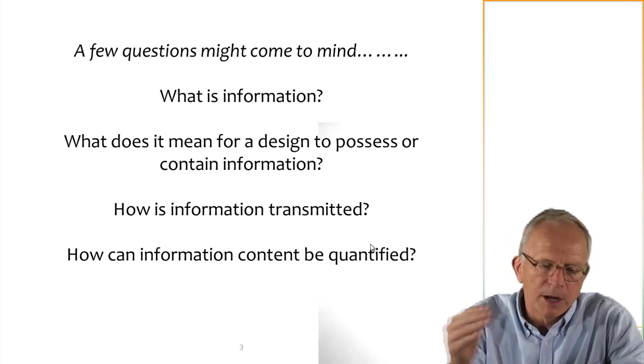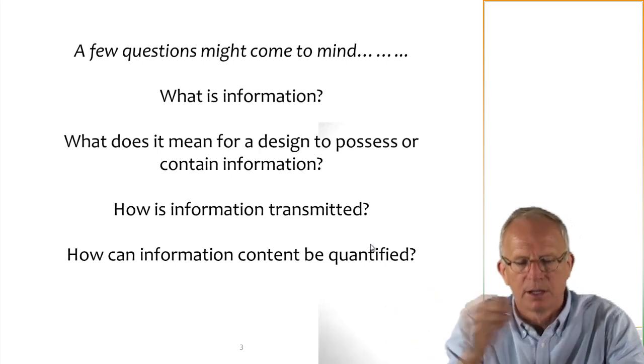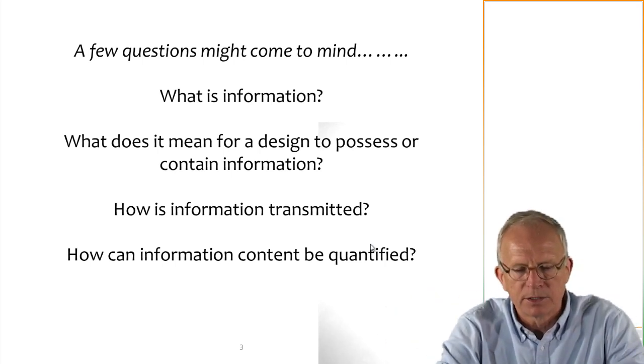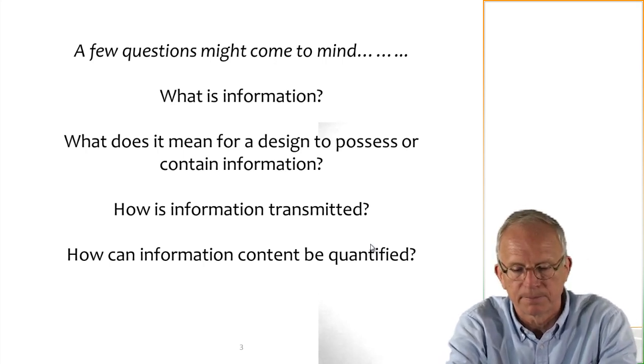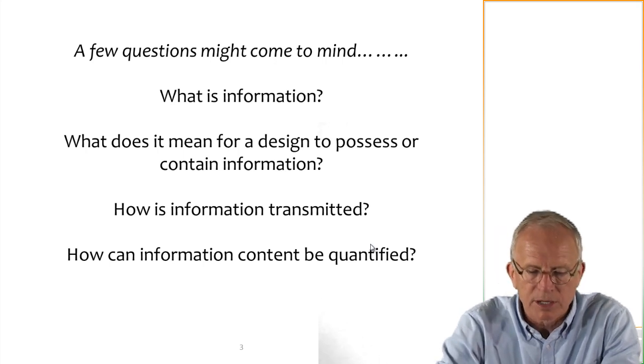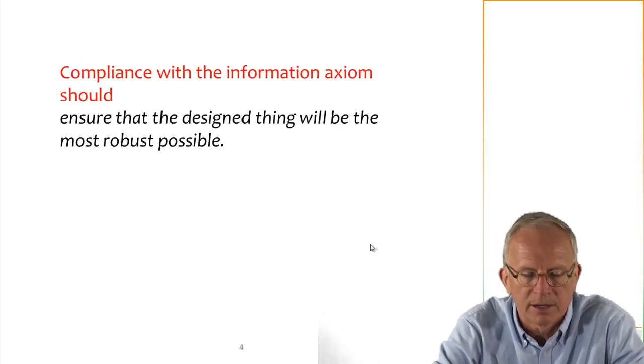So information in transmission reduces the probability of success because of the risk of the failure of the transmission system. So how can the information content be quantified? Well, we'll look at that in a moment.